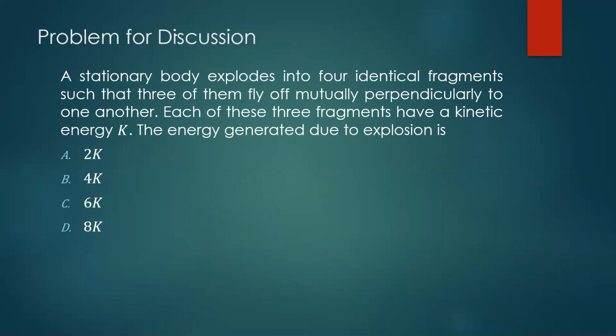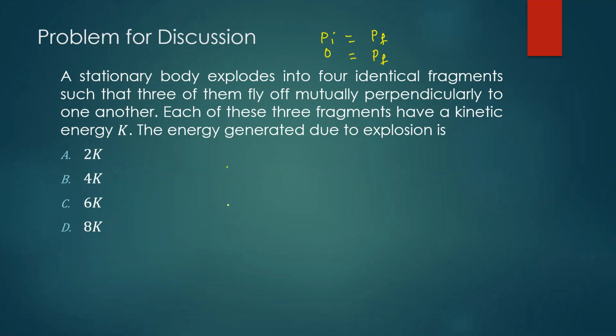Okay, so take a look at this problem. Good, I think you understood here. If I use the conservation of linear momentum, initial momentum should be equal to final momentum. Initially the body is at rest, 0. So the final momentum should also be 0, if you take the 4 fragments as a single system.